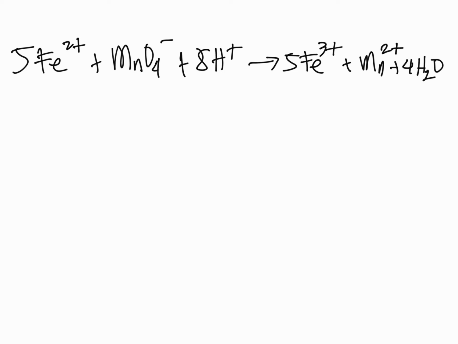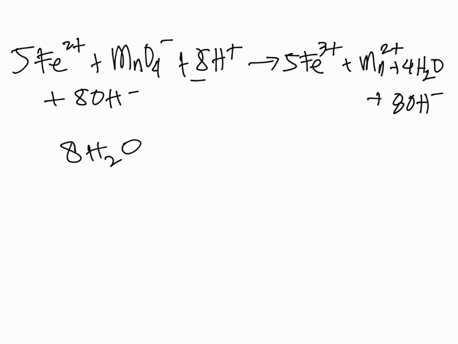So how many OH negative are you going to add? It will depend on the hydrogen. If that's 8 hydrogen, that means you're going to add 8 OH negative to both sides. If you combine it to make water, that's 8 water.